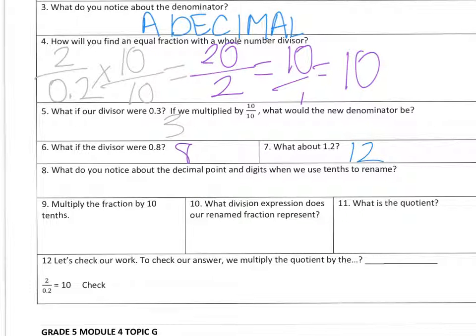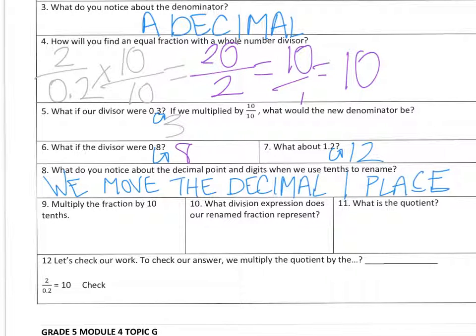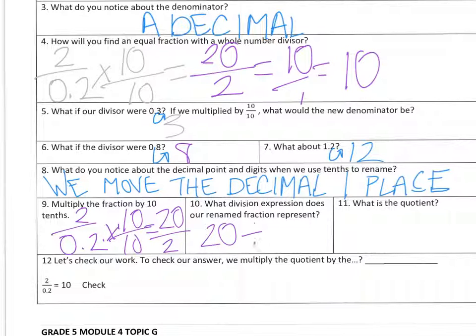Well, when we multiply by 10, we're just moving that decimal over one place. So if we multiply that fraction by 10/10, just like up there, we get 20 halves, which is the same as 20 divided by 2, and that equals 10.